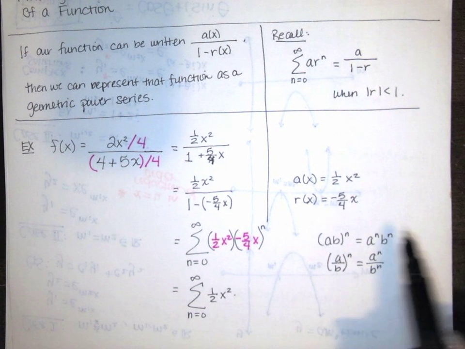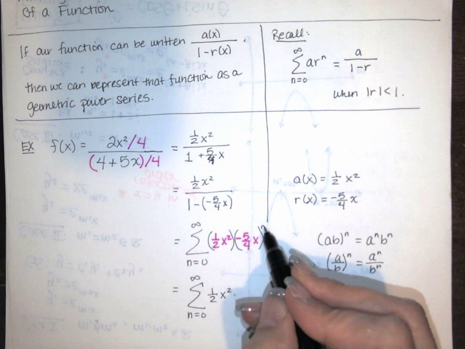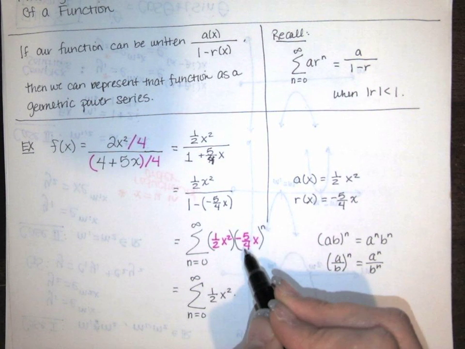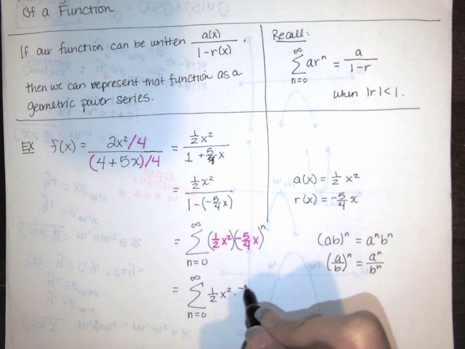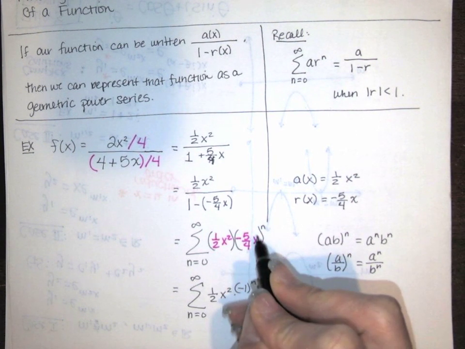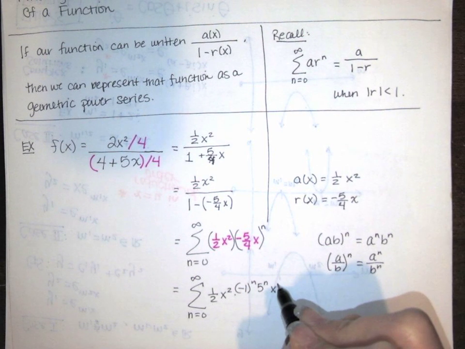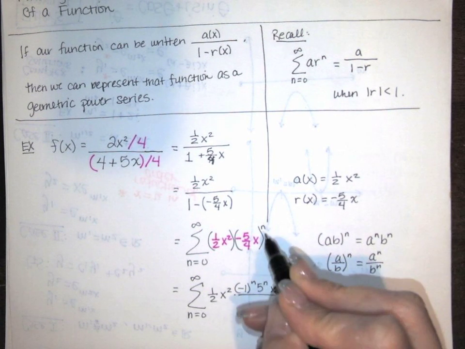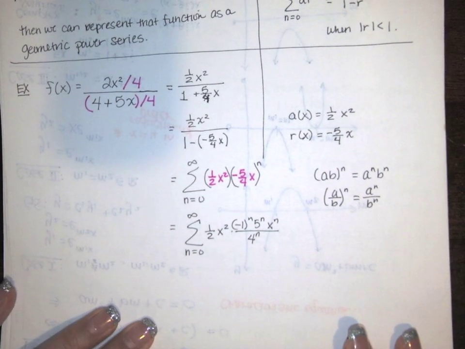And through a combination of these two rules, we would see that it applies to all of those. So I'm going to apply my nth power to every factor inside, and I'm thinking of these as 4 separate factors. So I've got -1 to the n, then I'll have a 5 to the n, then an x to the n, and in the denominator I have a 4 to the n. Okay?